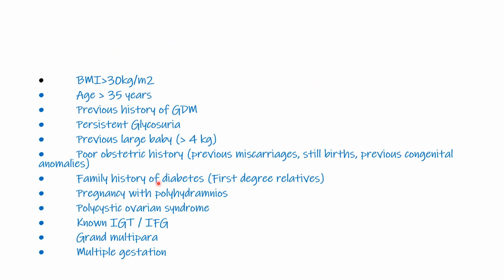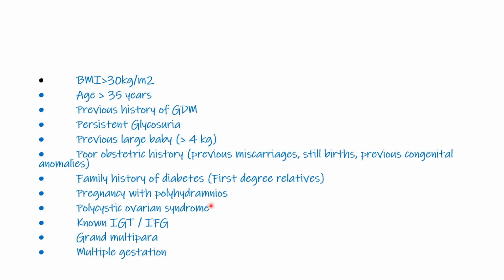So this is just an addition to what we have repeated. As I said, obesity is defined as a BMI of greater than 30, age greater than 35, previous history of gestational diabetes, persistent glycosuria, previous history of a big baby, poor obstetric history, so we say stillbirth, perinatal loss, previous miscarriages, previous congenital anomaly, family history of diabetes, especially first degree relatives, previous history of polyhydramnios.